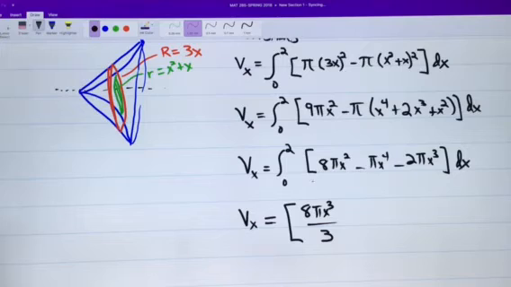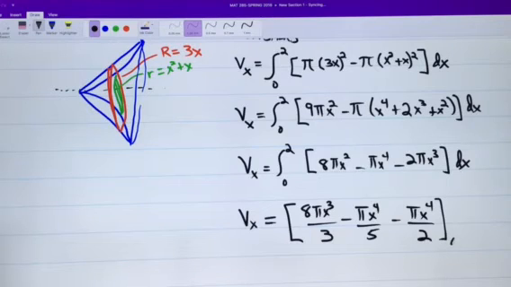So we have 8/3 pi x cubed, minus pi x to the fifth over 5, and with the last antiderivative, minus pi x to the fourth over 2, as x goes from 0 to 2.